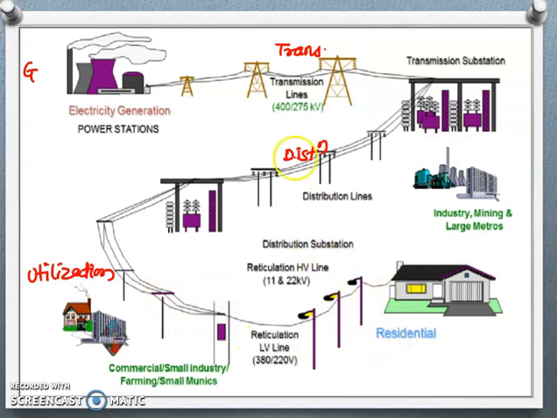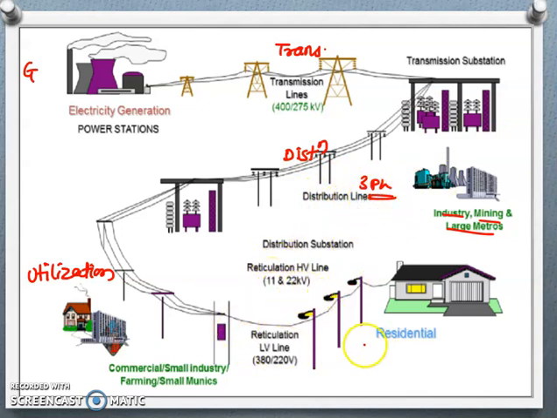Suppose this is the generation we are generating, then distributing. We have industries, mining and large metros which require the three-phase supply. So we distribute the three-phase supply to them.